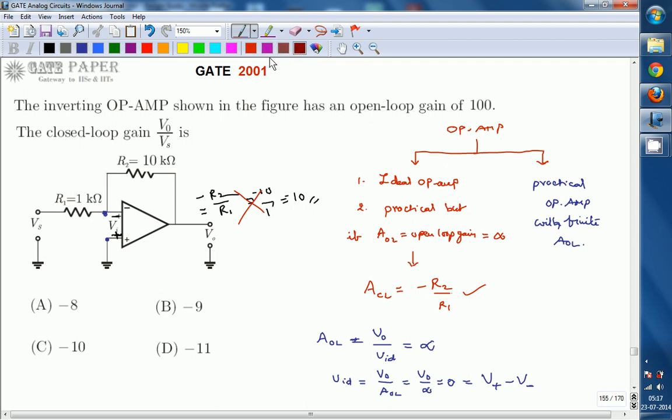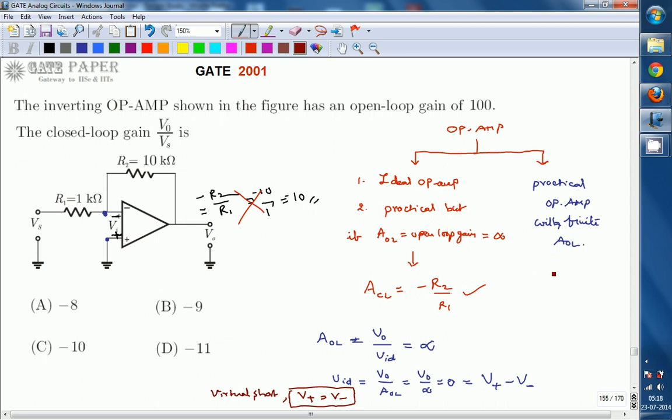Even though the terminals are different, they will be at the same voltage. If we know the voltage at one input, we can definitely say the other input voltage is the same. Whereas if the op amp gain is finite, we cannot say that this is 0.